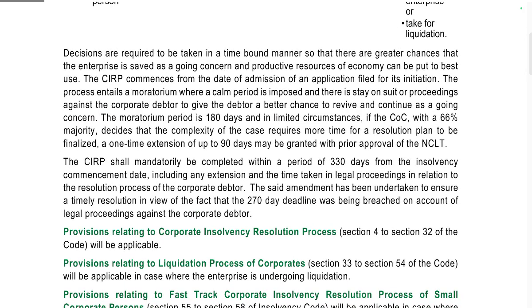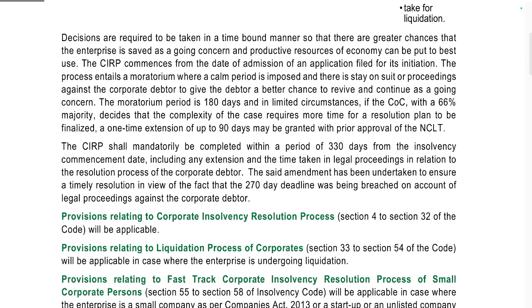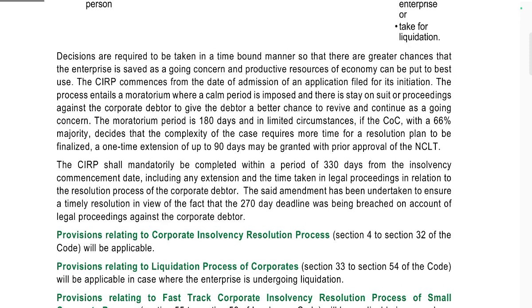The CIRP commences from the date of admission of the application filed for initiation. The process entails a moratorium, a calm period during which there is a stay on suits and proceedings against the corporate debtor, giving it a better chance of survival and of continuing as a going concern.